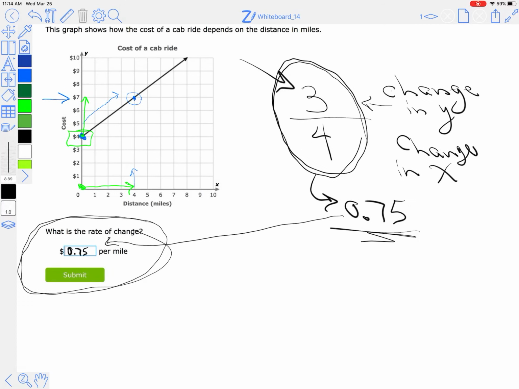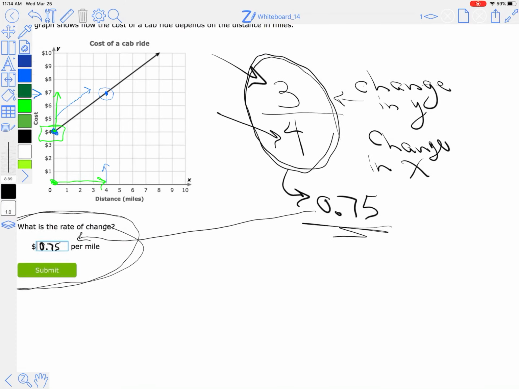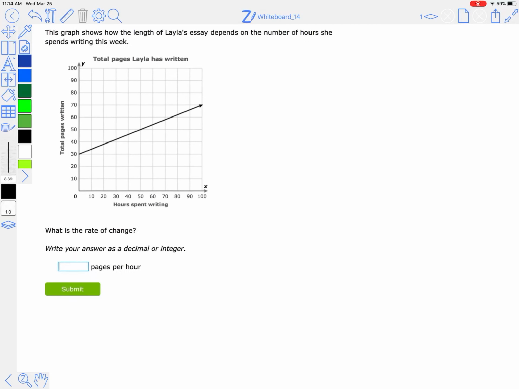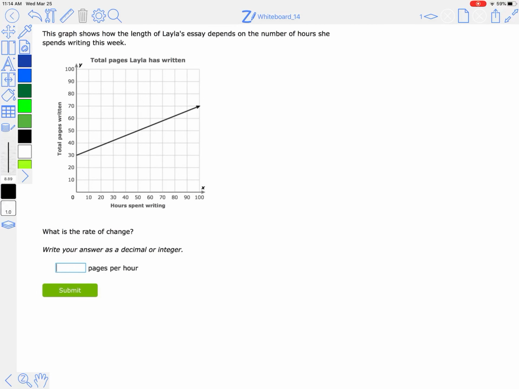Okay, now let's look at another one and see if this makes sense. Okay, so we're looking at the length of the essay. It depends on how many hours she spends writing this week. Obviously, the longer your essay, the more time you're going to have to spend on it. What is the rate of change? Write your answer as a decimal or integer.